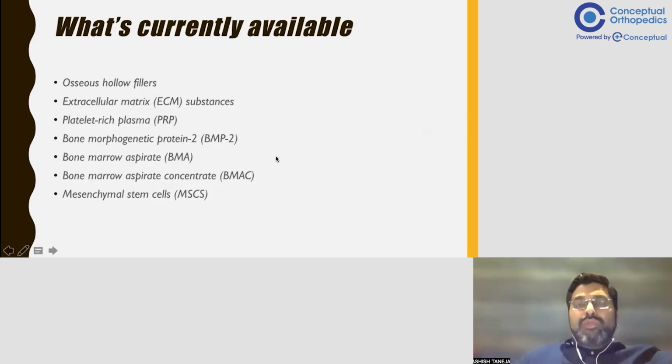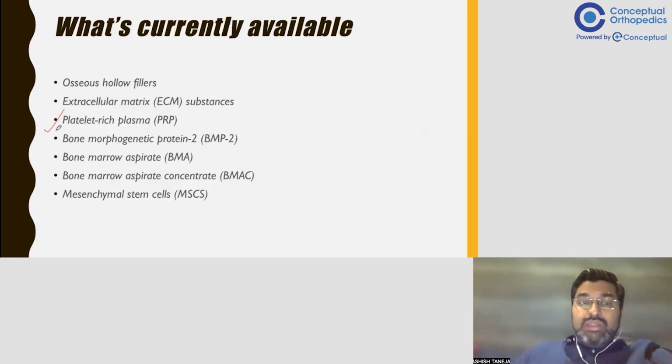What all do we have available? We can have osseous hollow fillers, like bone grafts which can be used to fill up the bone defects. They can be extracellular matrix substances, PRPs, which are most commonly used these days just because they're easy to make and they're economical as well.